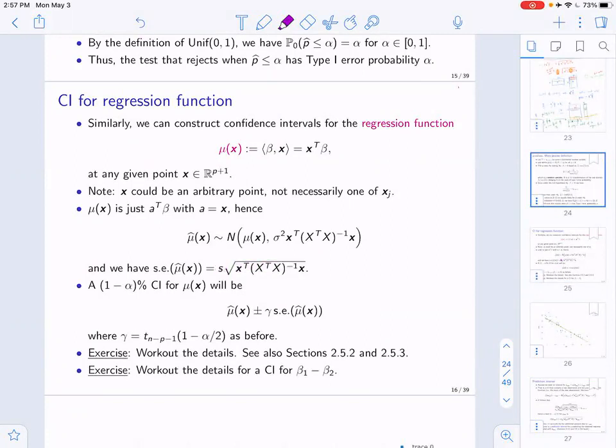And so a confidence interval for mu of x turns out to be mu hat plus or minus gamma times the standard error of mu hat x. And that gamma is just the same quantiles of the t-distribution. So everything goes as before. So mu hat x minus mu x divided by the standard error of mu hat x is t with n minus d degrees of freedom, and so on.